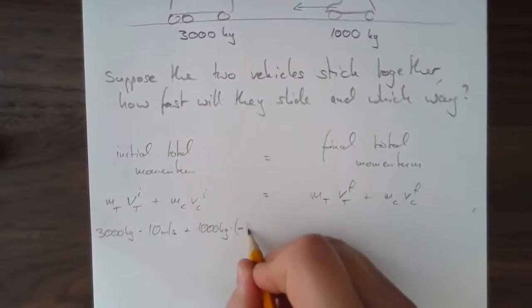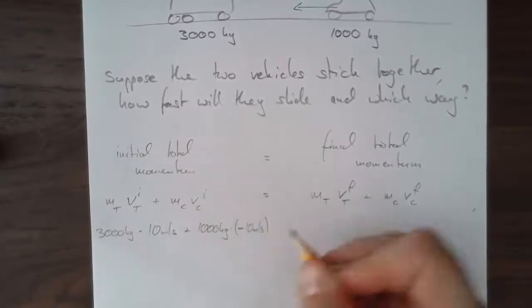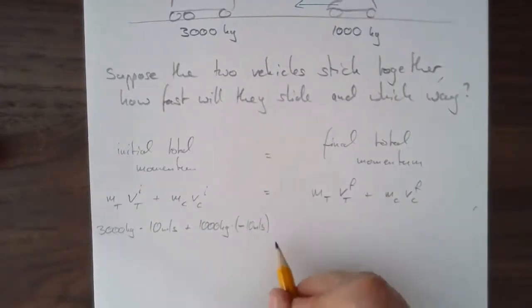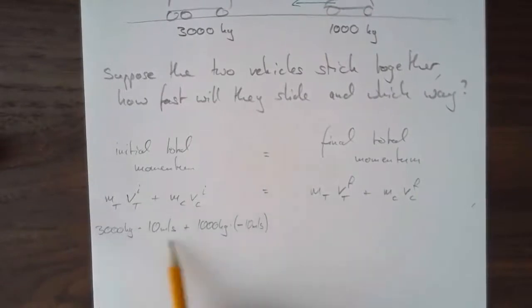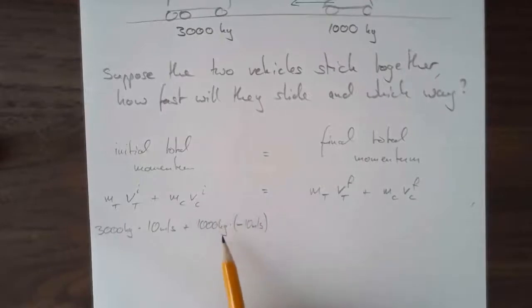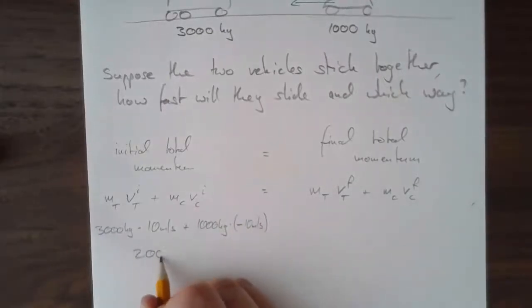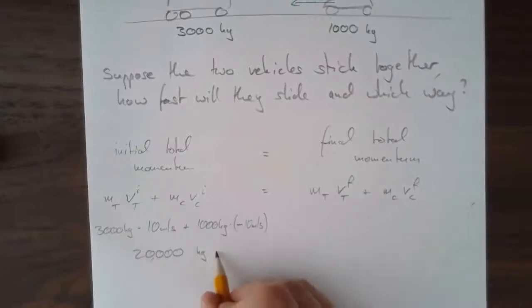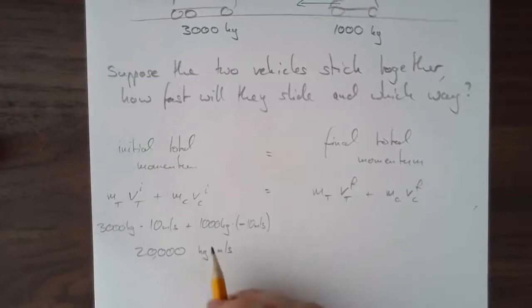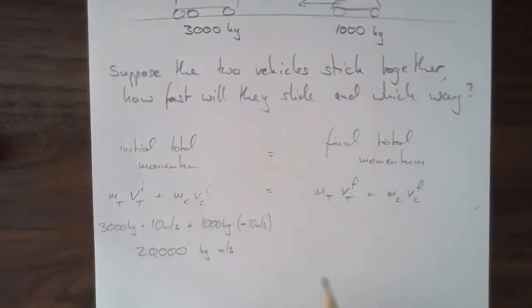Minus 10 meters per second. And that's going to be equal to, well, this is going to be 30,000 minus 10,000, so that's 20,000 kilogram meters per second.